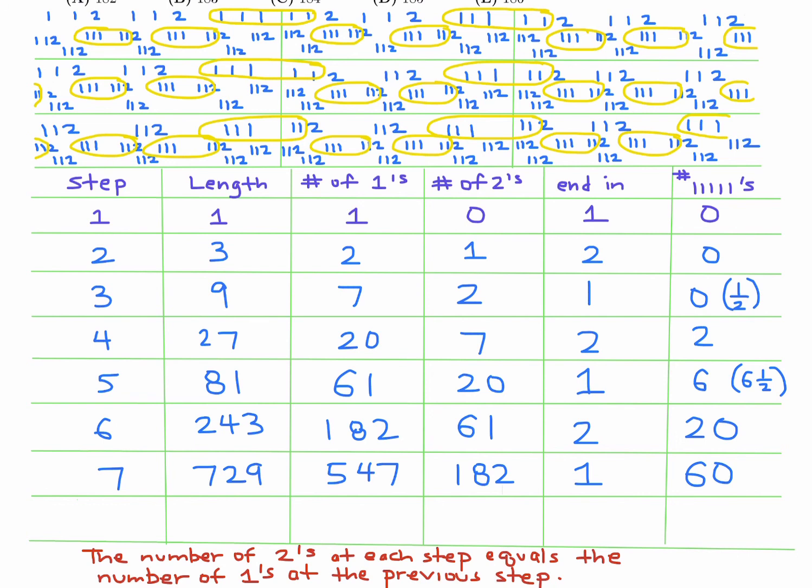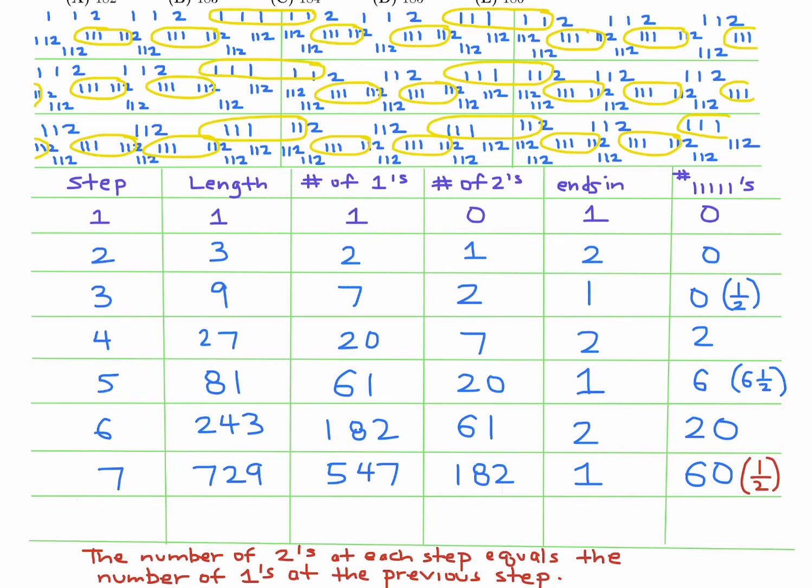But because it ends in a 1 right here, that means when you get to the final, it's going to look something like this right there. It ends in a 1, so it's going to be part of the next 1, 1, 1, 1, 1, 1. So I'm going to put a little half like that. Does that make sense? I hope so.